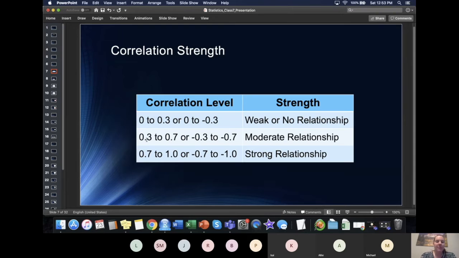So if you're looking at the correlation coefficient, 0.3 to 0.7 or negative 0.3 to negative 0.7 tends to be a moderate relationship, somewhere in the middle. Towards the end of this scale, I put a model into production at one point, and I can't tell you any more details about it.